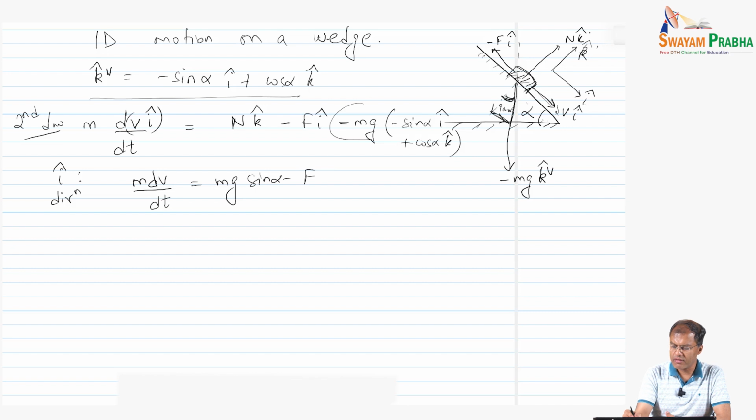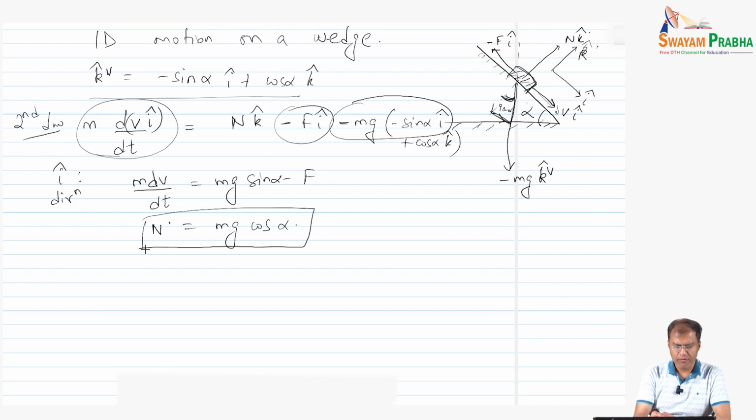So mg sine alpha is the i component, and f is the i component. And then we have N times k is equal to mg cos alpha, right? So there is no acceleration along the k direction. So the net force balance along the k hat direction leads to the reaction force being mg cos alpha.